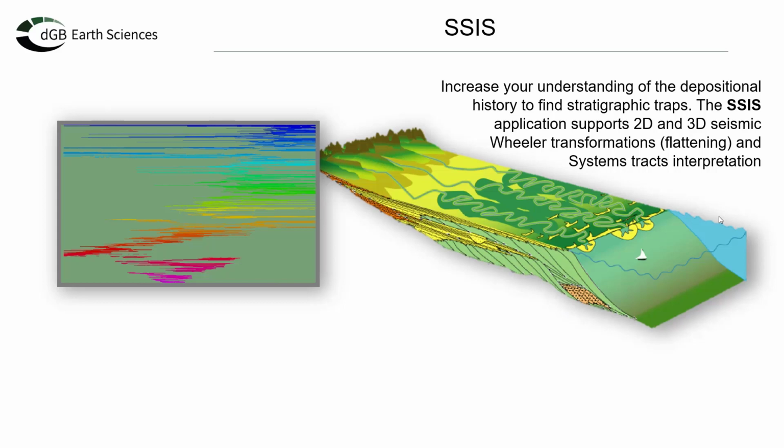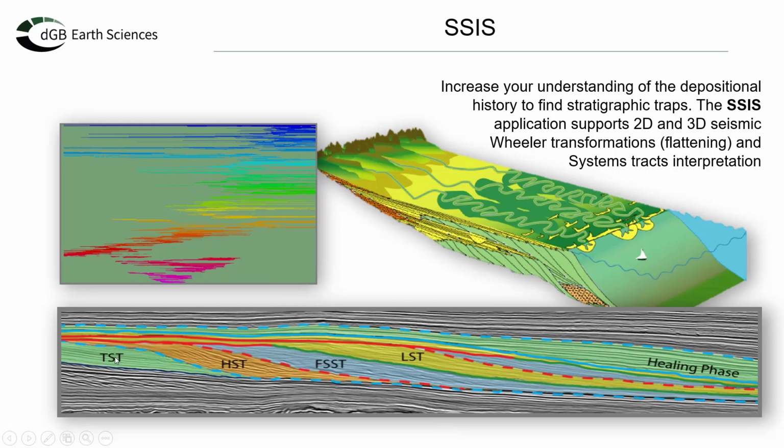So I will explain this diagram once we do the demo in a little bit. We can then take our picks, our systems tracts that we have picked, and post them back into our structural domain so we can see our different packages in our structural domain and do further work that way.